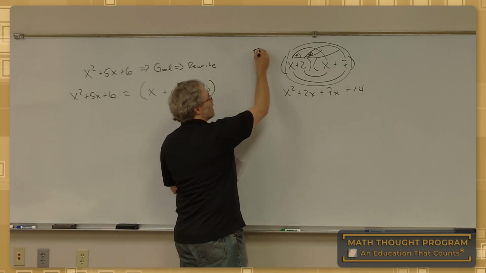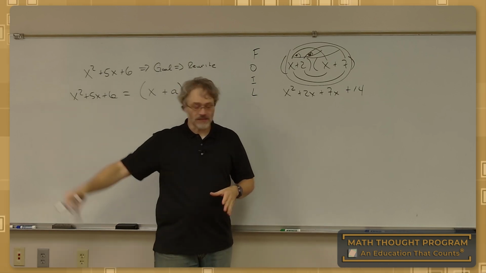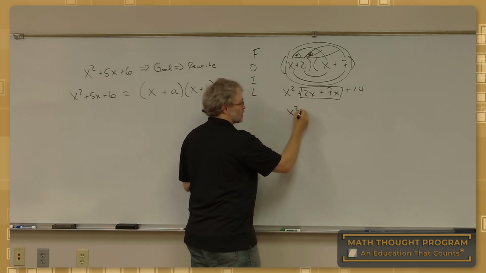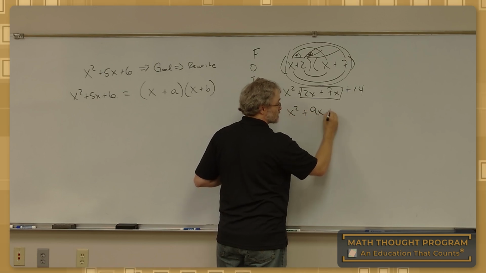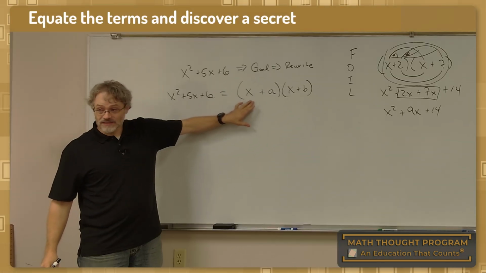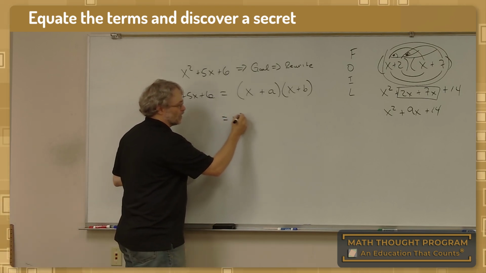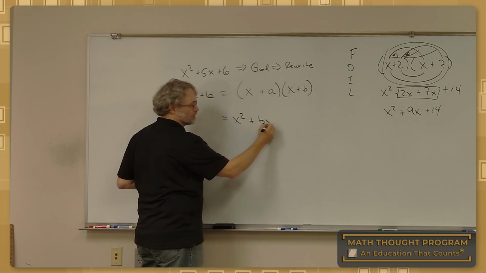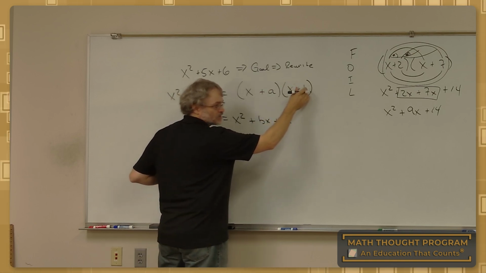So you would have your first, outer, inner, last terms as you're going about the process. Here, this would collapse down, and you would have x squared plus 9x plus 14 when you expand out. Here, if I did the exact same process of expanding out, you would have x squared, then you would have b times x, a times x, and then a times b.